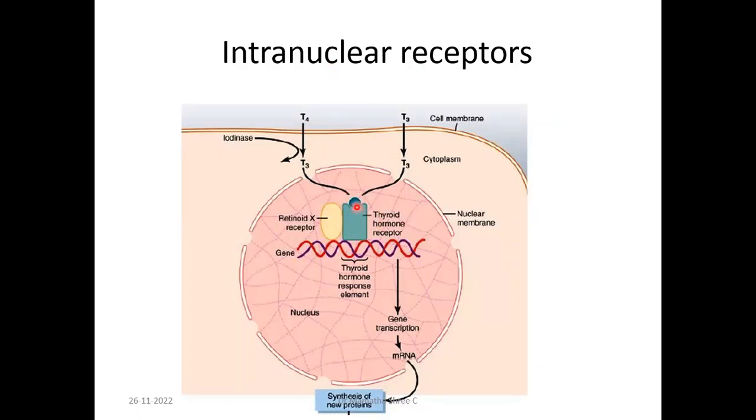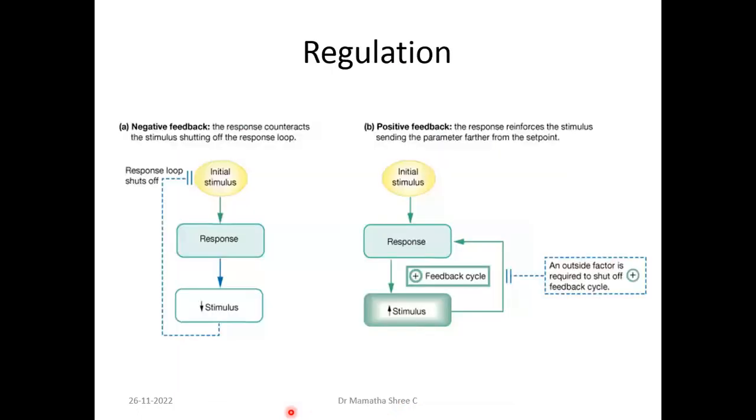So this will now bind to the specific gene sequence on the DNA, that is the thyroid hormone response element, which brings about the gene transcription. Therefore, the mRNA is formed, which enters into the cytoplasm, and that gets translated by ribosomes. New proteins are formed. Now, this protein will bring about all the effects of thyroid hormone on different systems. So that is the mechanism of action.